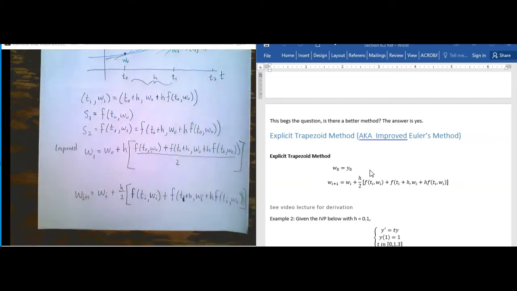Okay, so that gives us exactly that formula right there.